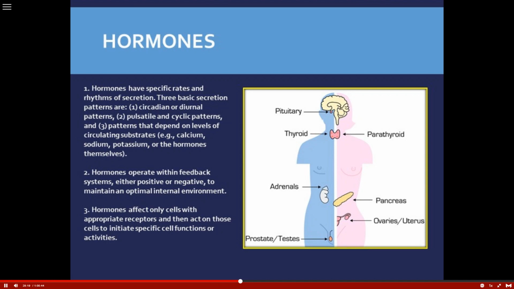The hormones also affect only cells with appropriate receptors. A really good example of this is insulin. With type 2, some of those patients have something called insulin resistance, right? That's a cause of type 2 diabetes. Well, when insulin goes to the cell, there's a certain receptor there, correct? And they knock on that little receptor door and they go into the cell.